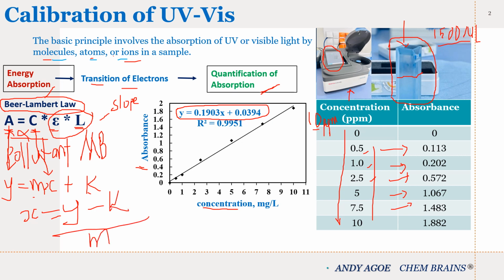And what is your y? Your y is your absorbance. Your k is the intercept you have found, which is 0.0394. And your m is your slope, which is 0.1903. Okay, then you will be able to determine your concentration. Now since it is 20 ppm we were preparing, you just multiply this concentration by a factor of 2. If it is 30 ppm, you multiply it by a factor of 3, and so on.